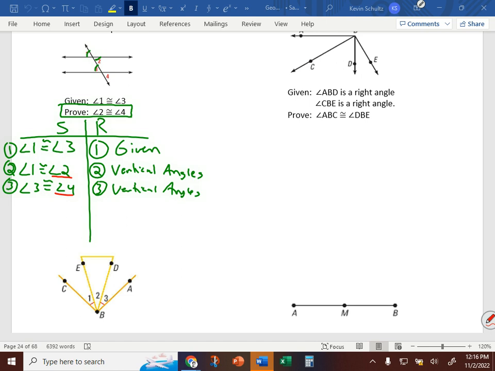And so now we've got to look at what we have, knowing that 1 is congruent to 3, 1 is also congruent to 2, 3 is also congruent to 4, to somehow break that down to be 2 is congruent to 4. Where do you want to go from here? Arlene? Maybe angle 3 is congruent to angle 2. Angle 3 is congruent to angle 2. Why can we say that?